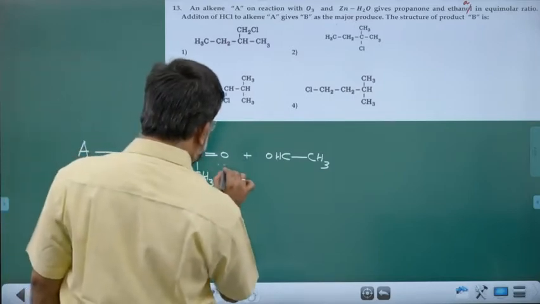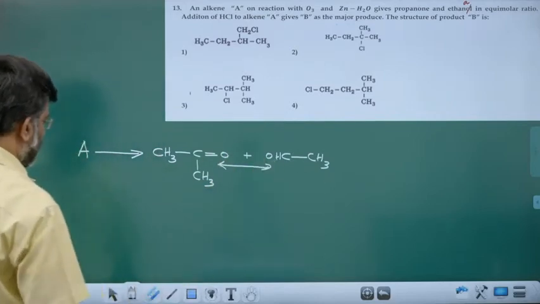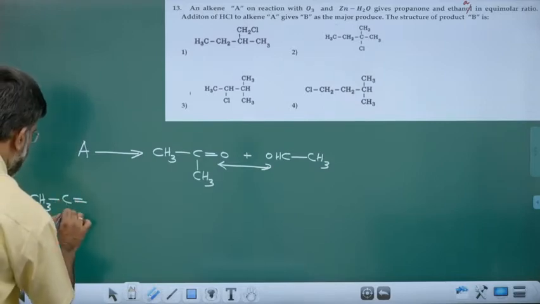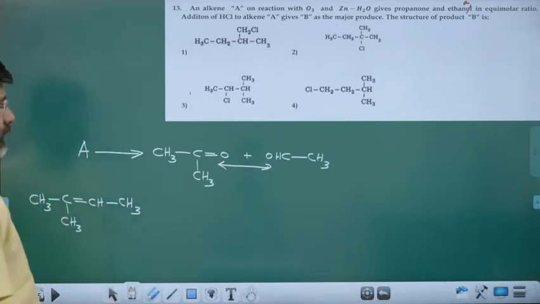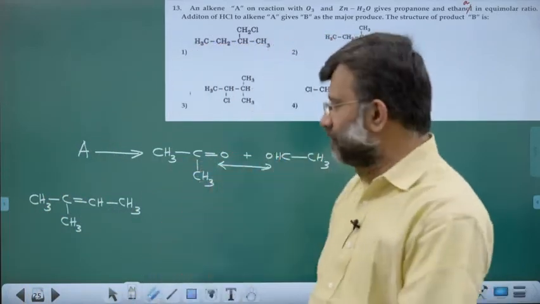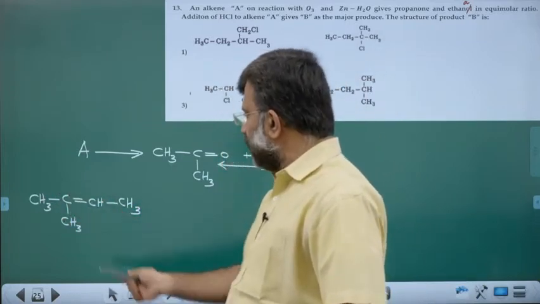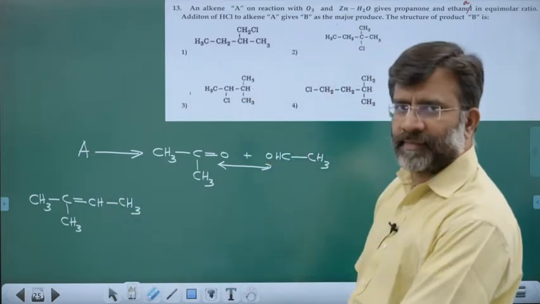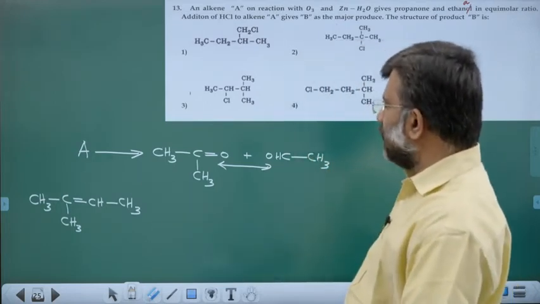You simply connect these two regions to get A. Remove that oxygen, connect with a double bond, you will get A. You see that CH3, C double bond, CH3, CH, CH3. This upon ozonolysis, you will get the corresponding propanal and ethanal. This double bond will be broken and this part of the molecule will be converted to propanal and this part to ethanal. Is that clear? Fine. So this is the alkene A.